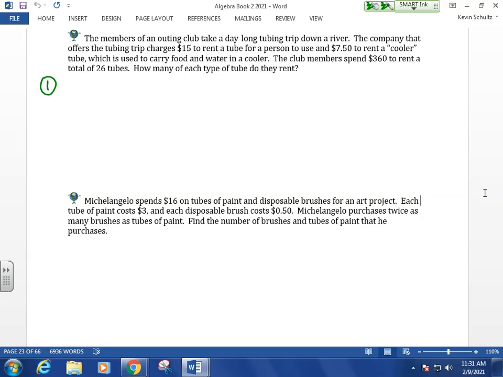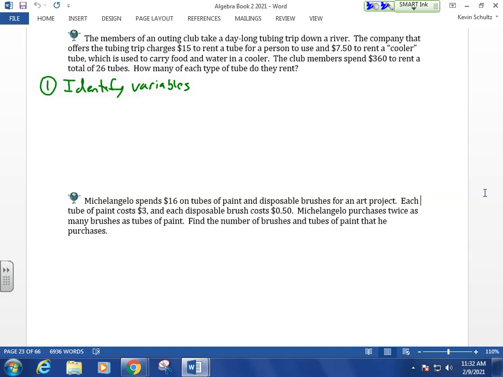So, step one, identify the variables. Okay? What are we solving for? Elise, yeah. The number of tubes for the people.